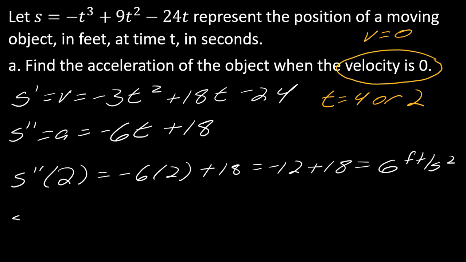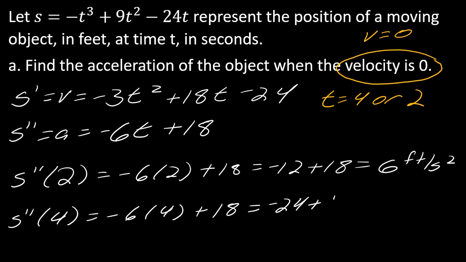And then for the other one, I plug in 4 like this. If I work all that out, I get negative 24 plus 18, so that's negative 6 feet a second squared. Okay, so there's the answer to the first one.